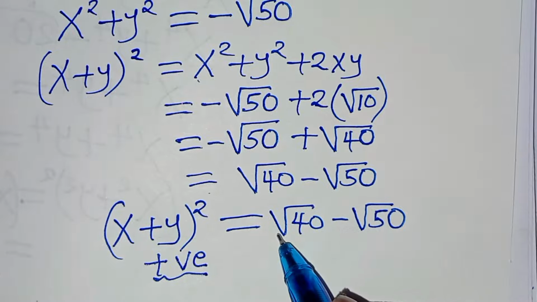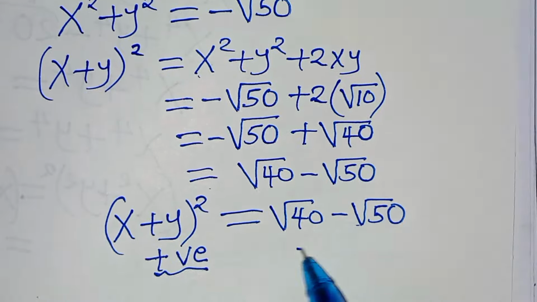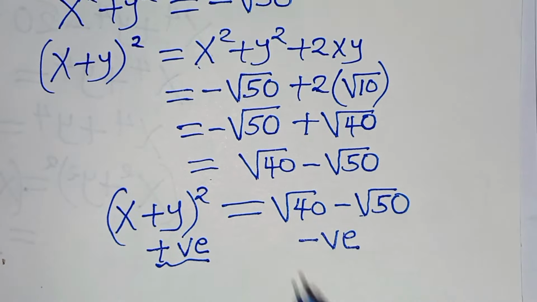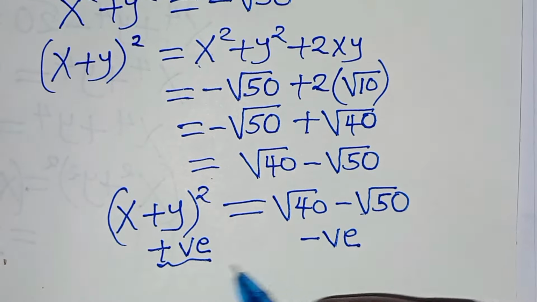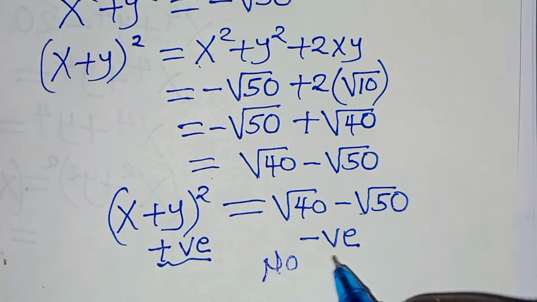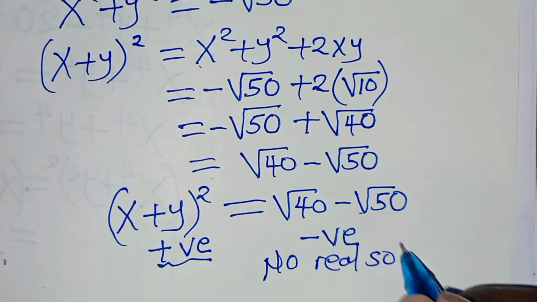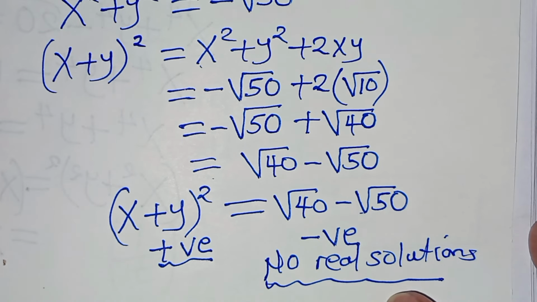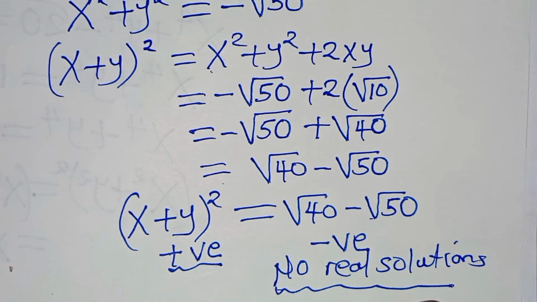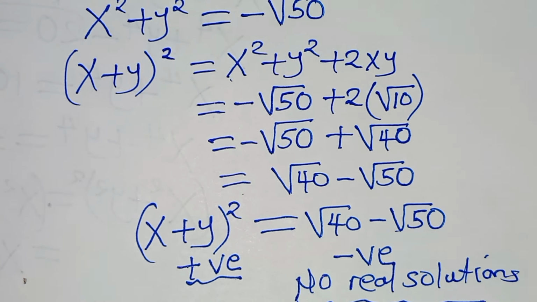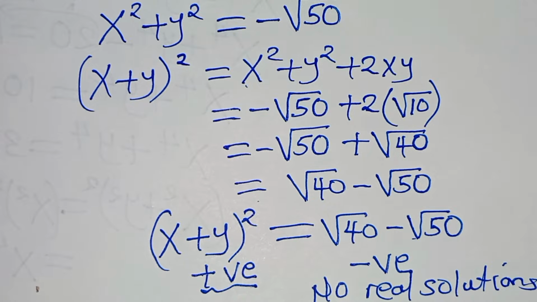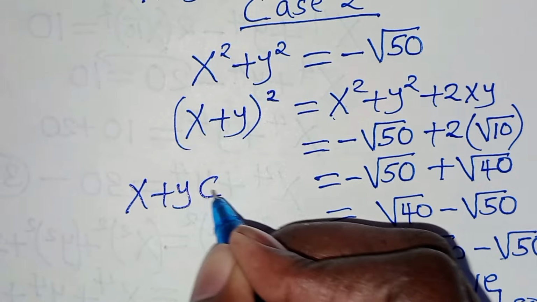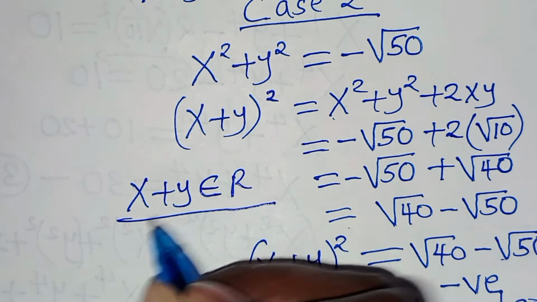But you find that on the right hand side, this is actually going to give us a negative value. So in other words, from here, this will not give us a real solution. So from case 2, there is no real solution, given that x plus y are members of real numbers.